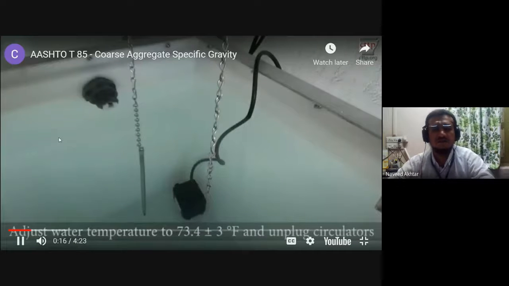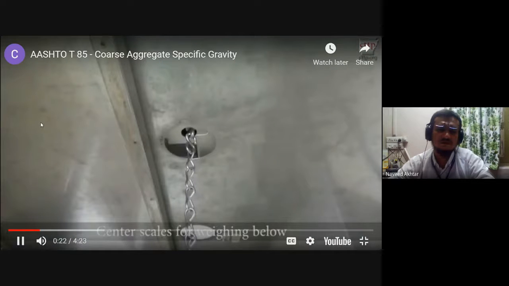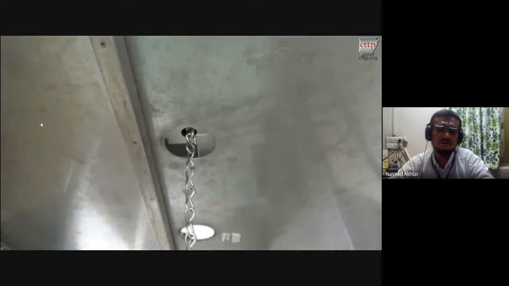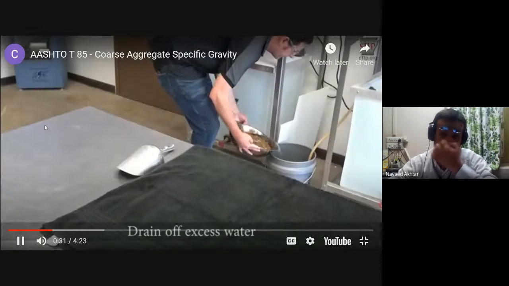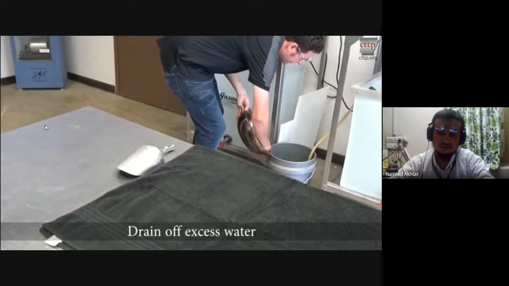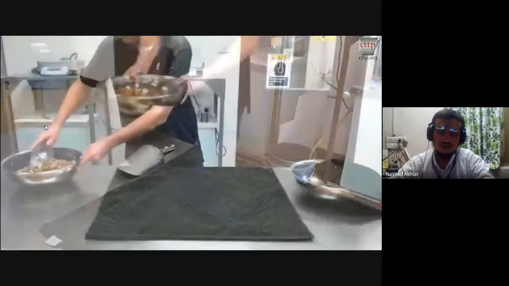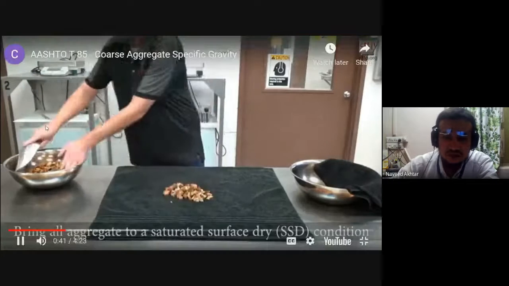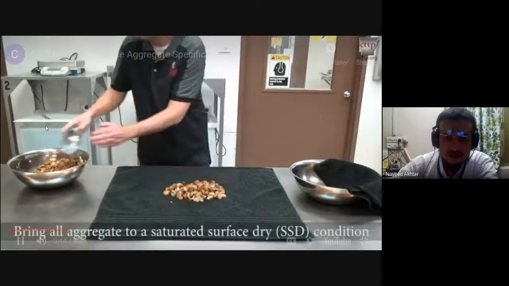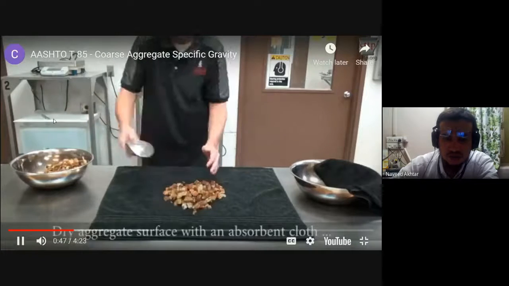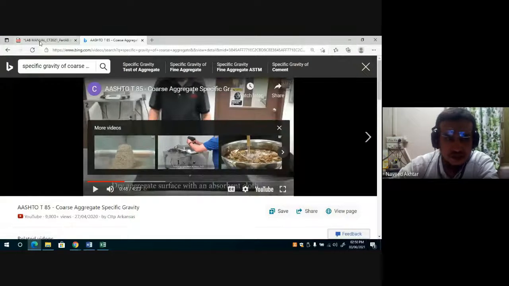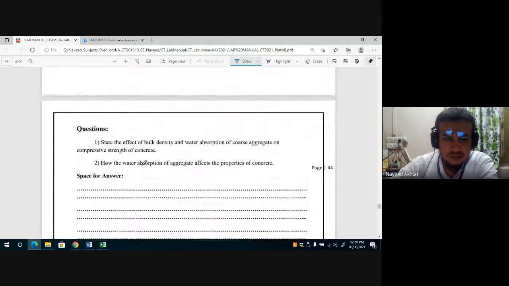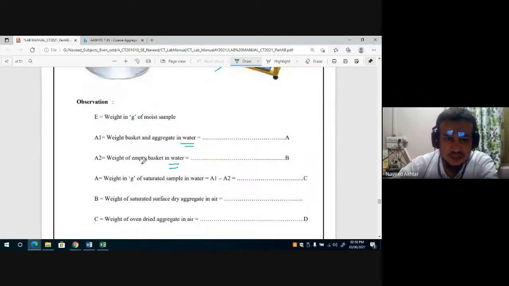This is the aggregate you have taken for the test. Now you will see the procedure in the manual for finding the specific gravity of coarse aggregate.